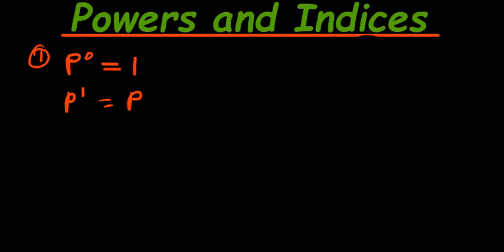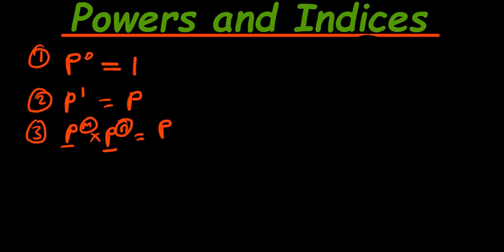And then the other one is, if you have p to the power m multiplied by p to the power n. As you can see, the bases are the same. Therefore, you just get one base, and then the powers. What do you do with the powers? You add them. So you say m plus n.